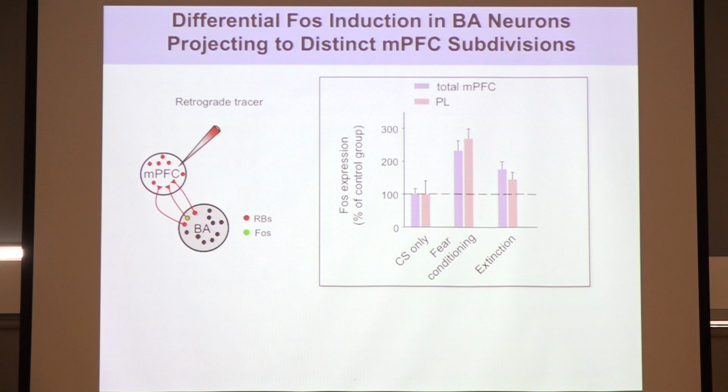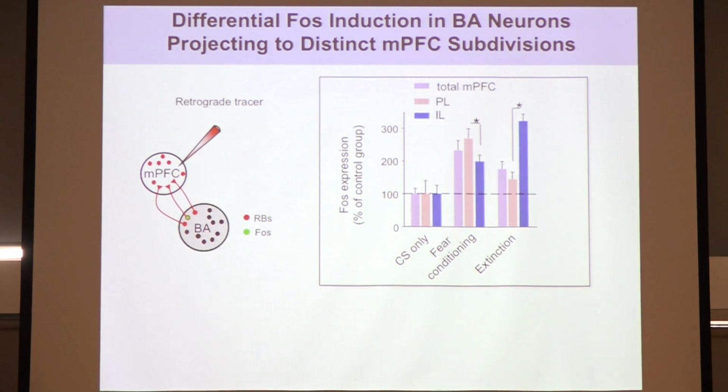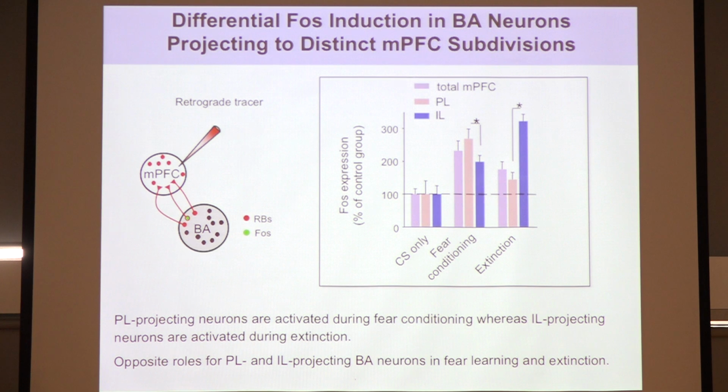But now, if we separate into PL and IL, we observe that the neurons from the amygdala that project to the PL were strongly activated after conditioning, but not after extinction, whereas the neurons that project to the infralimbic area were strongly activated after extinction and to a lesser extent after fear conditioning. So these two populations, the PL projecting or the IL projecting, could correspond to fear and extinction neurons. That was the idea of this experiment.